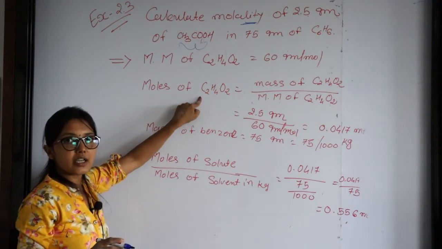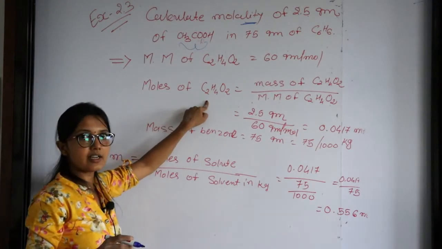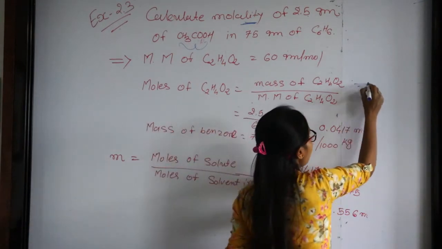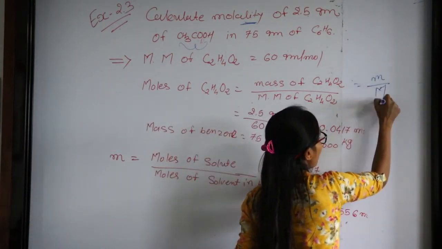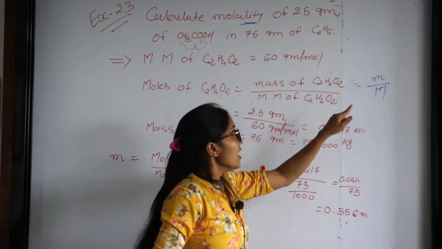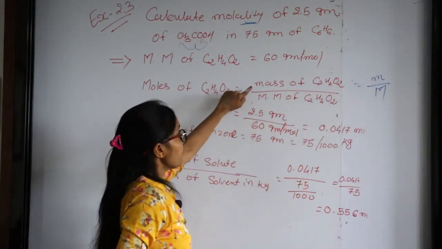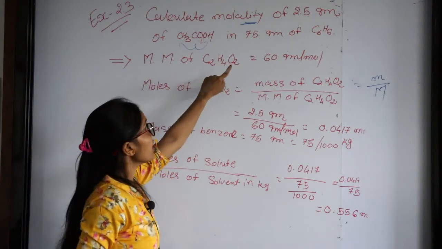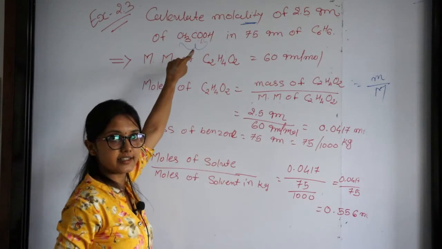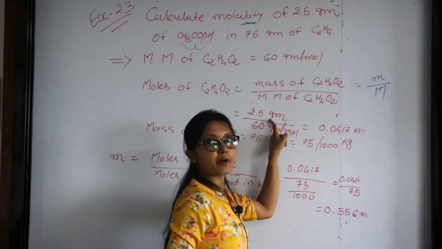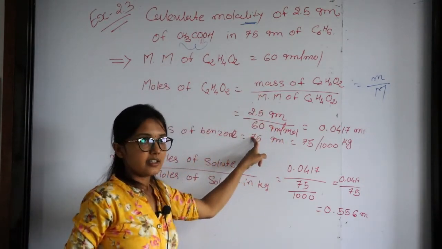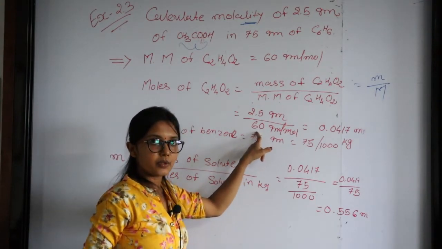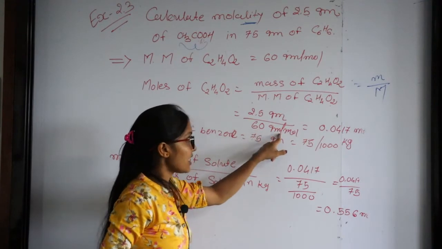Moles of ethanoic acid: how to calculate it? Mass divided by molar mass. The mass of ethanoic acid is already given in the question, 2.5 gram, so we use 2.5 gram, and 60 is the calculated molar mass in gram per mole.